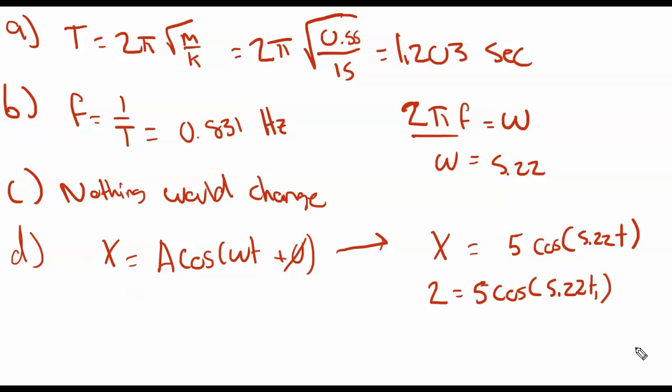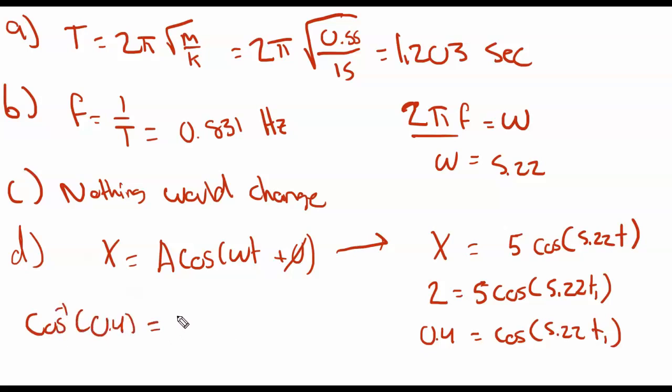Okay, so for the first time, I can just solve for t1. I divide both sides by 5. That gives me 0.4 equals cosine of 5.22 t1. To get t by itself, it's inside a cosine, so I need to do inverse cosine on both sides. Inverse cosine of 0.4 is equal to 5.22 times t1.